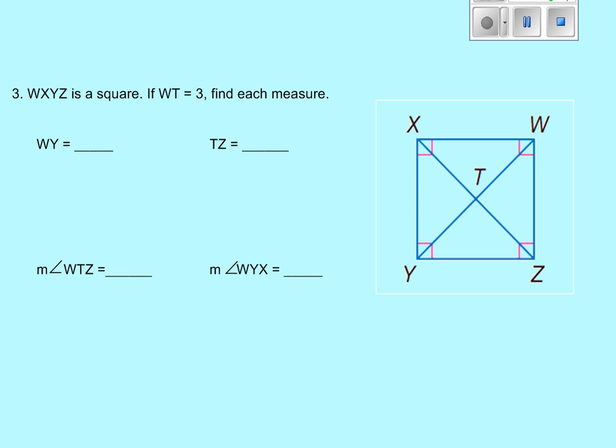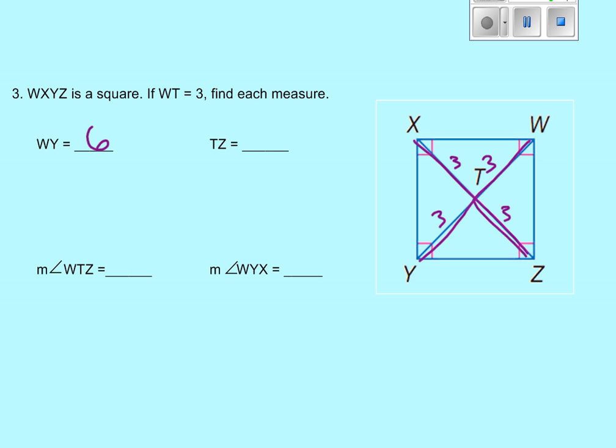It's a square. If WT is 3, find each measure. All right, so if WT is 3, first off, rules of a rectangle come into play. So this is 3, it gets bisected, that's 3. That's a rule of a parallelogram. Diagonals bisect. Rules of a rectangle come into play in the fact that this is also 3 and this is also 3. So WY is going to be 6.